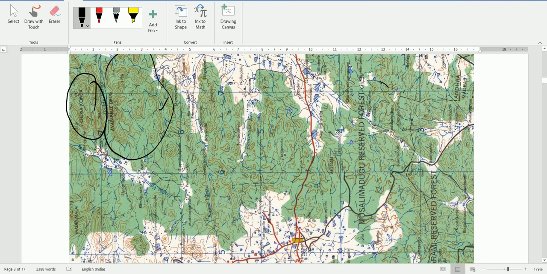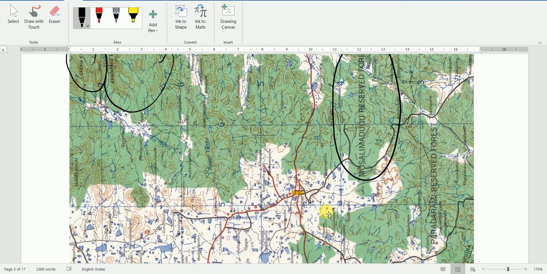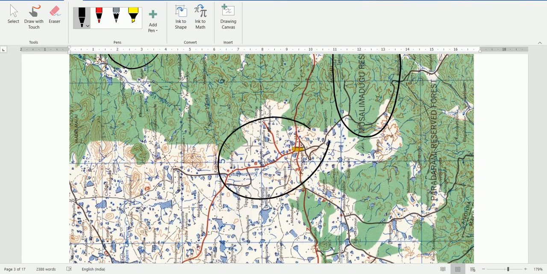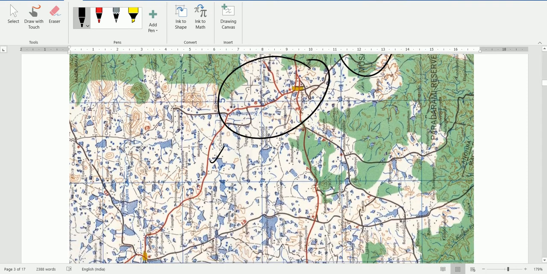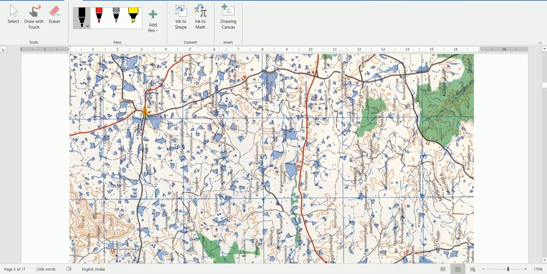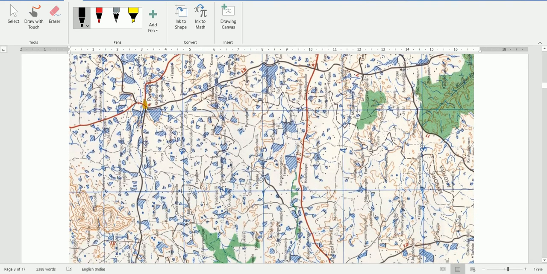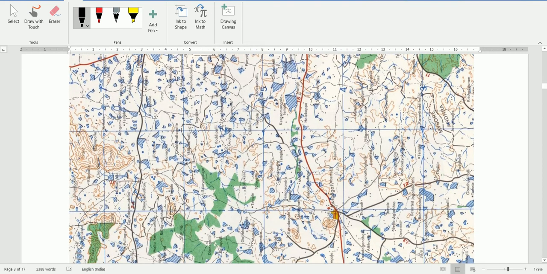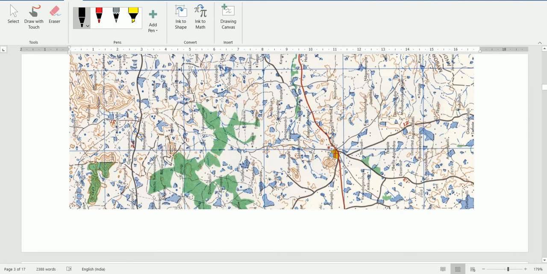This is a forested area, and this is a settlement area. You must know that roads are represented by red lines. So some important features of the earth surface are represented on this map. Even culverts of your locality are also shown on such types of maps. So this is an example of a topo sheet.